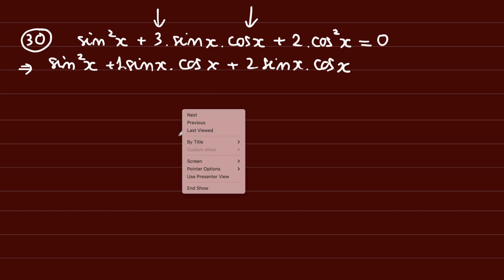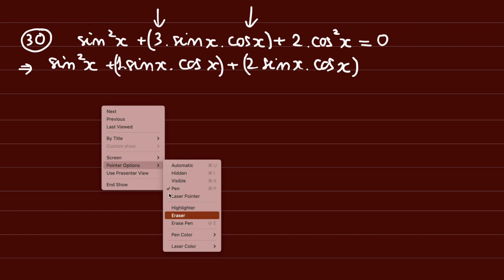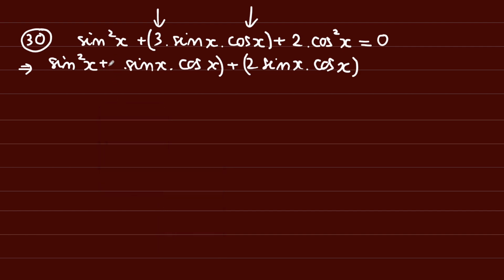From the first term, I separate this into 1 and 2. Okay, let me write more clearly at this position. Plus 1. Okay, and 1 plus 2 equals 3. 3 sine cos becomes 1 sine cos plus 2 sine cos. And the other term will be 2 cos squared x equal to 0 here.